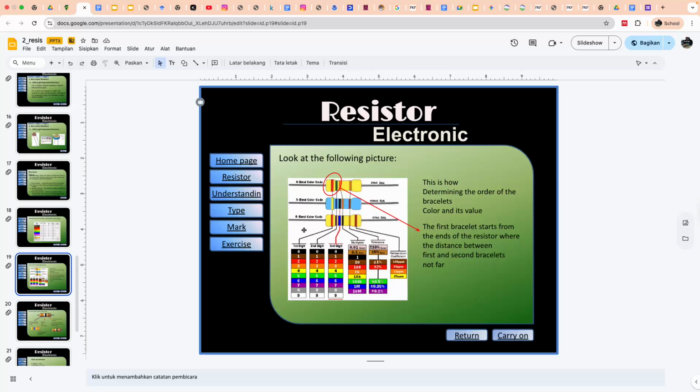But for the 6-band ring color code, 3 you use for the digits, after that you use the multiplier, after that the tolerance, and after that the temperature coefficient. So you can read it again.